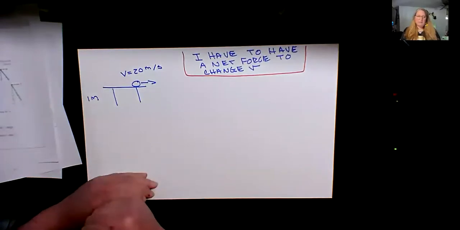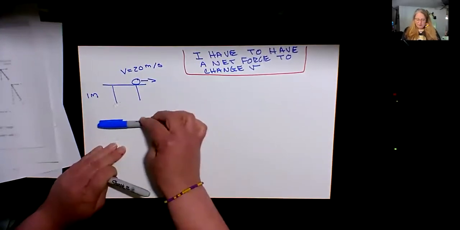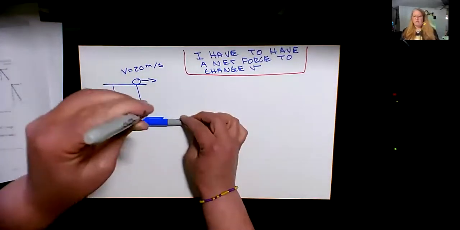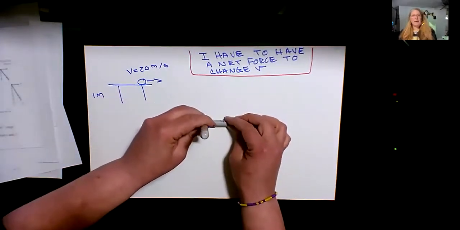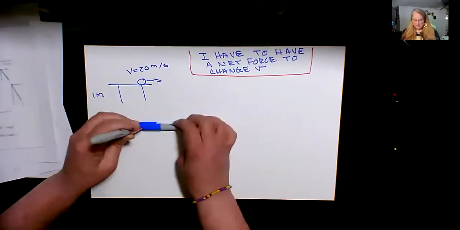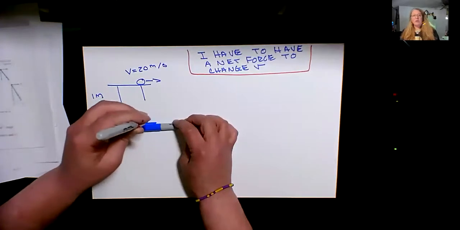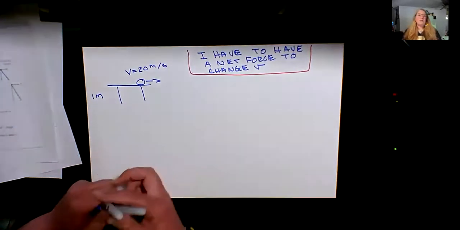In fact, the demo videos that you have for these chapters go into this cart going along that shoots a ball up into the air, and the ball lands back in the cart as the cart continues at constant velocity. That happens because there is no force acting in the X direction, and we can do that in the classroom even.